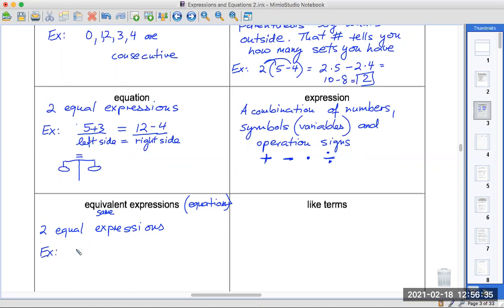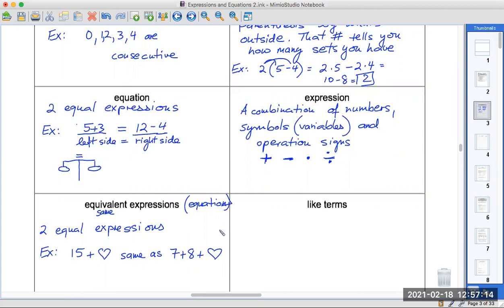You can use any symbol because the symbol means a number, but you don't know that number. So it has to be the same symbol for the same number. So for example, if I say 15 plus a heart, then that would be the same as 7 plus 8 plus a heart. That's the same value. The heart is your symbol that means the same number in both cases. So now you've got the same value, right? Because 7 plus 8 is 15. Okay, so 2 equal or equivalent expressions.